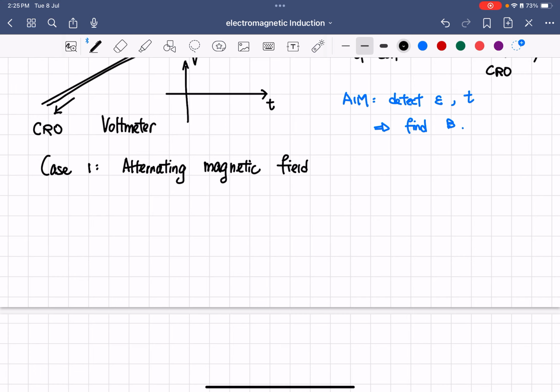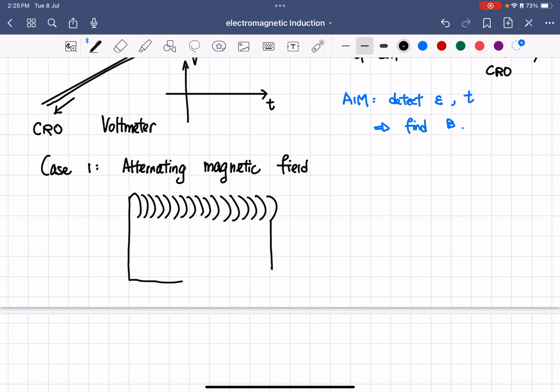One example would be you have a solenoid, and this solenoid is connected to an alternating power supply. So there will be an alternating current flowing through the solenoid.